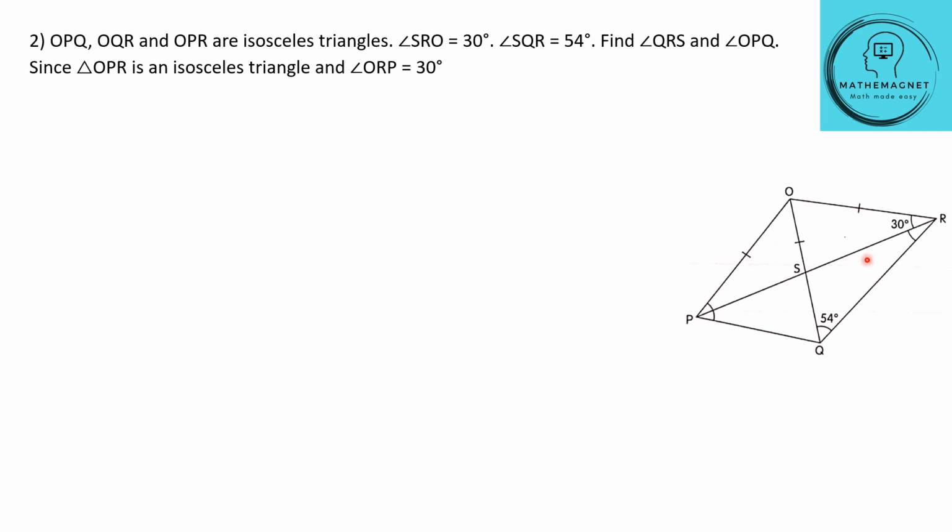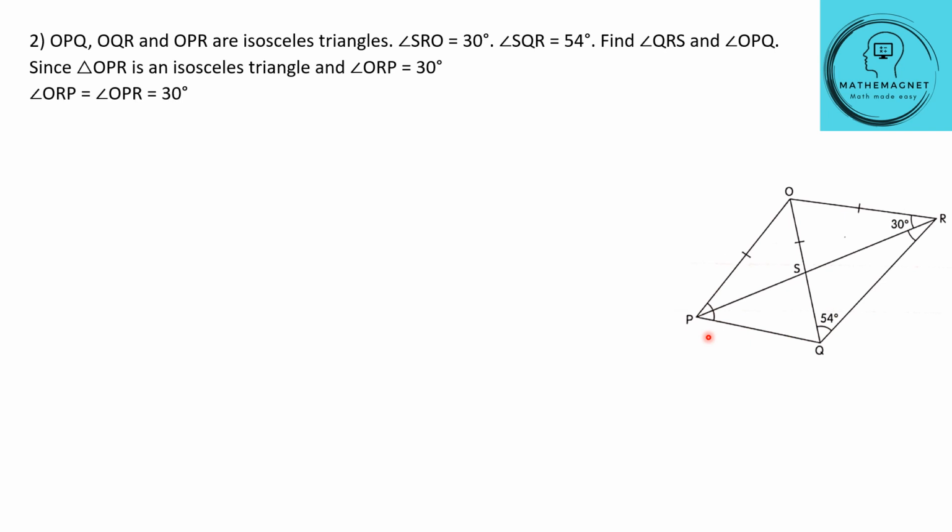So that will be equal to 30 degrees, because in isosceles triangles, the angles opposite the equal sides are equal. So angle ORP and angle OPR will be equal, which will be equal to 30 degrees.